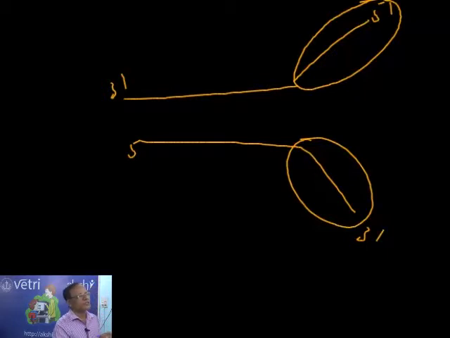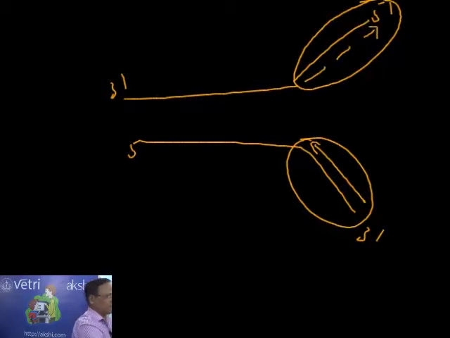In one of the strands, the DNA is being synthesized continuously. For example, here the DNA synthesis occurs continuously. In another strand, the DNA synthesis takes place discontinuously, in this direction and here in this direction. The strand which is being synthesized continuously is called the leading strand.